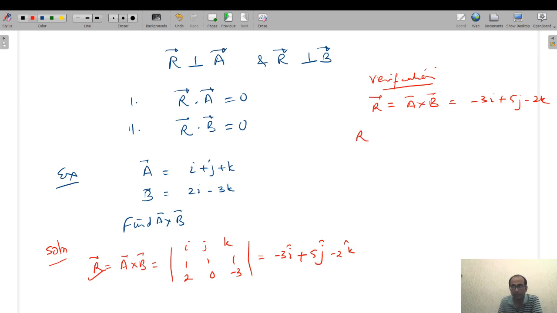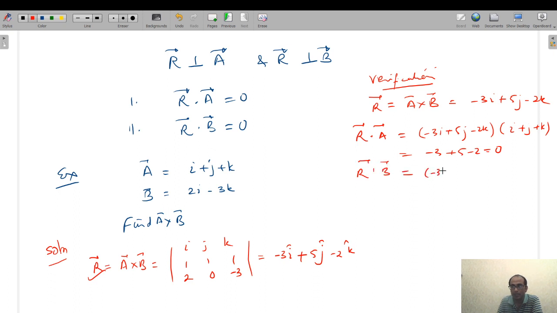Okay, so let me check R with A, the dot product. R is -3i + 5j - 2k, and A is i + j + k. So if you calculate, this becomes ax bx + ay by + az bz. So -3 + 5 - 2 is 0, right? Similarly, R dot B you can verify.